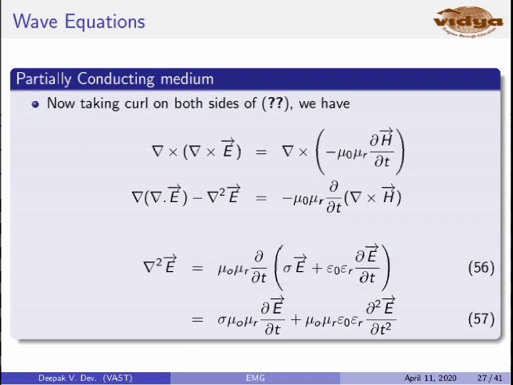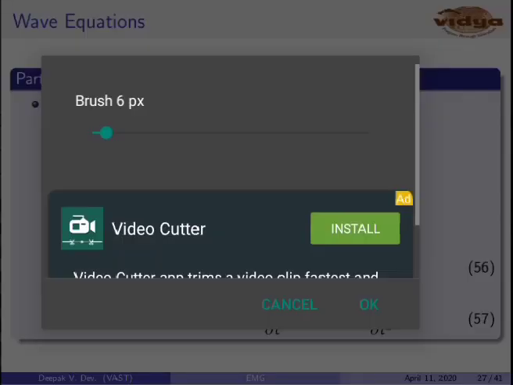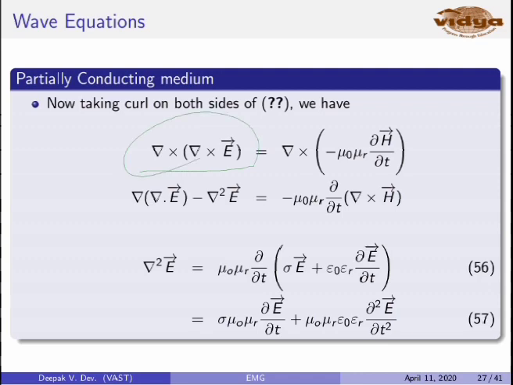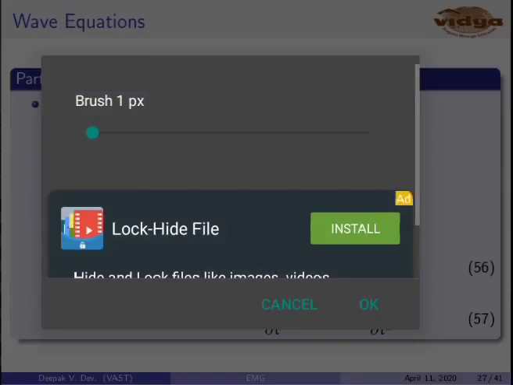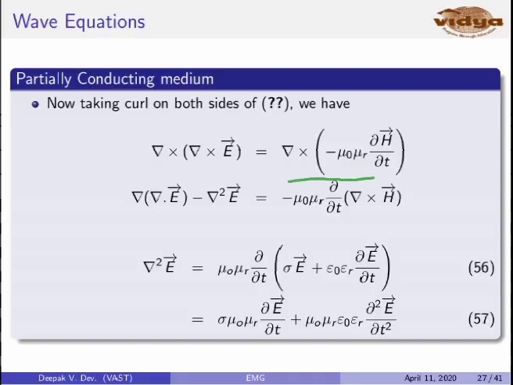Now we have the mathematical identity which says that curl of curl of E is equal to gradient of del dot E minus del squared E. On the right side, we take the curl inside and obtain this term. And here del dot E is 0.